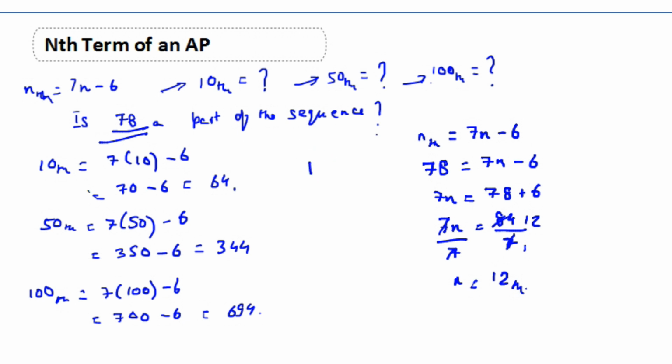The second term would be 7 times 2, 14, minus 6, which is 8. The third term would be 7 times 3, which is 21, minus 6, which is 15, and so on. If you come to the 10th term, you will find that it is 64. If you come to the 12th term, you will find that it is 78, and so on.